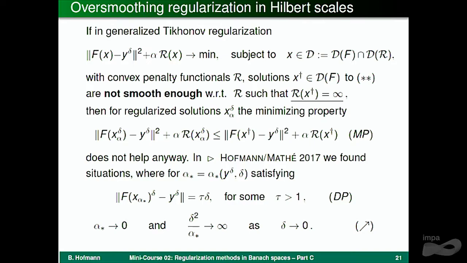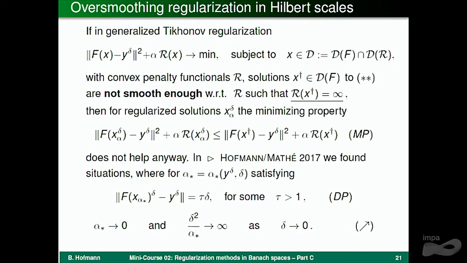And our idea was as follows: can we stay in Hilbert scales but go to nonlinear equations, and can we get convergence rates there? And up to now, we haven't found any result which helped there.